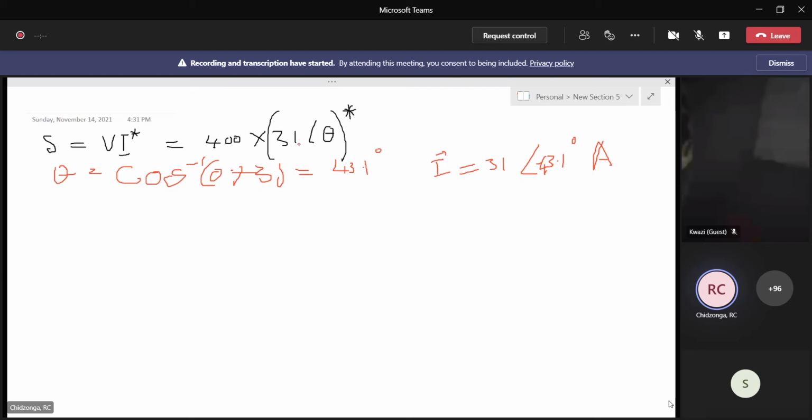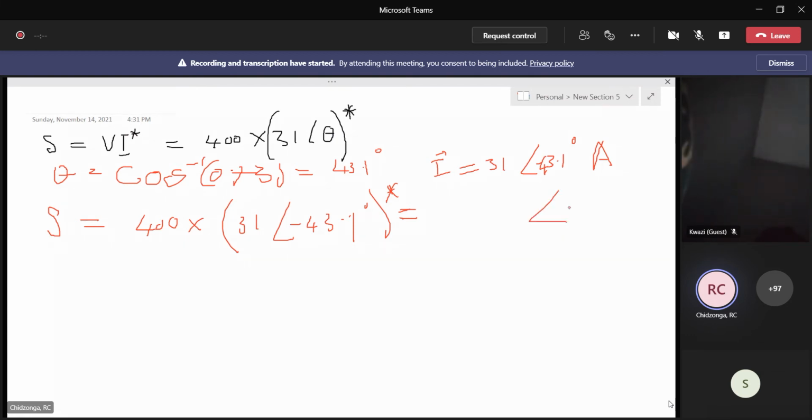And therefore, S equals 400 times 31 angle minus 43.1 degrees, conjugate. If somebody can multiply and give us the numbers for P and Q, or just give us the polar form.